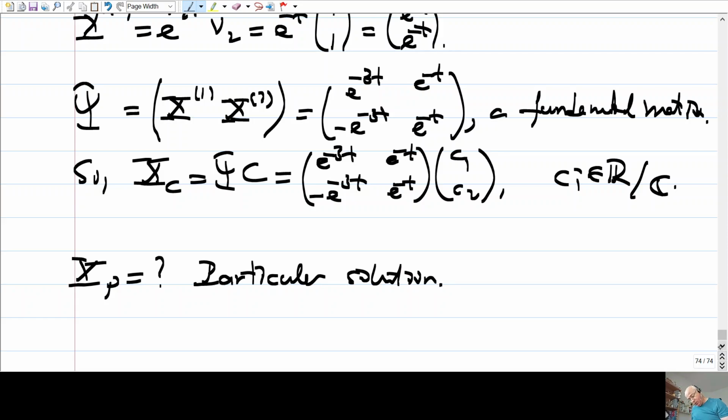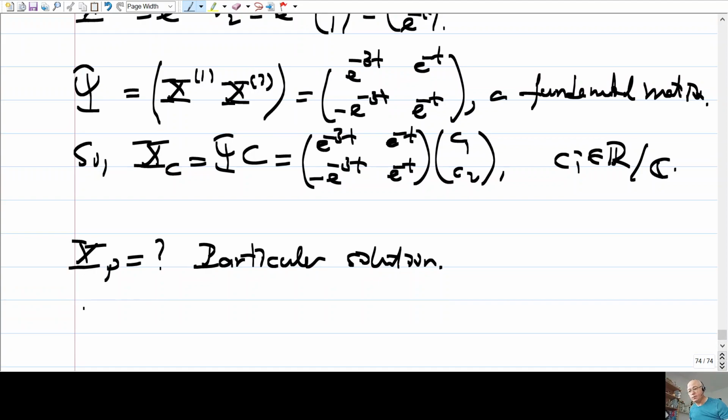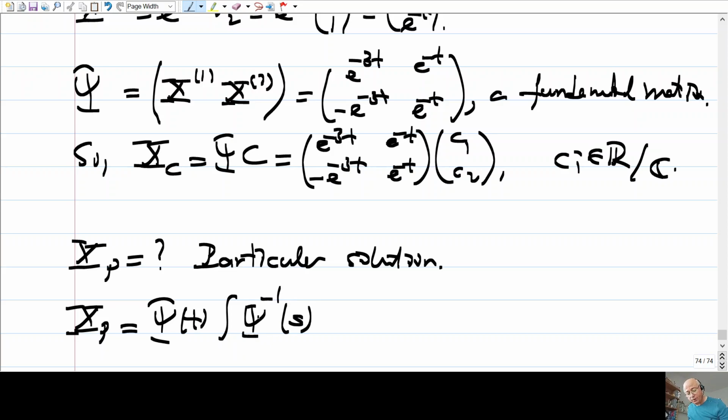So we have described a method, right? What was it? It was variation of parameters, and it was as follows. You take the fundamental matrix and multiply it with the integral of the product of the inverse of the fundamental matrix times the non-homogeneous part.